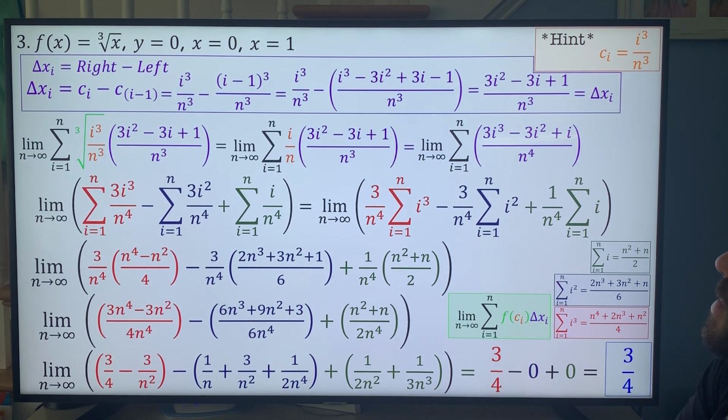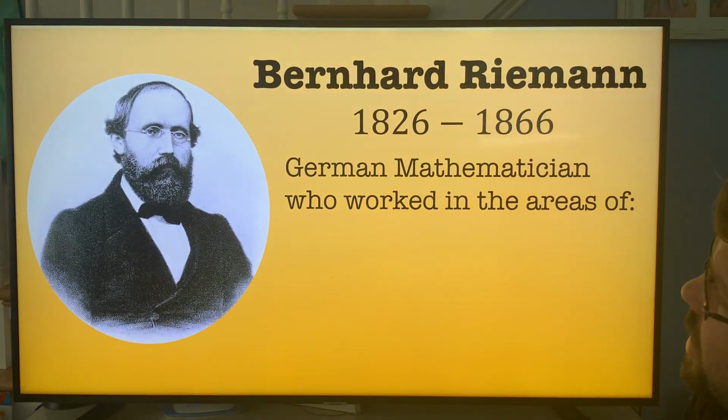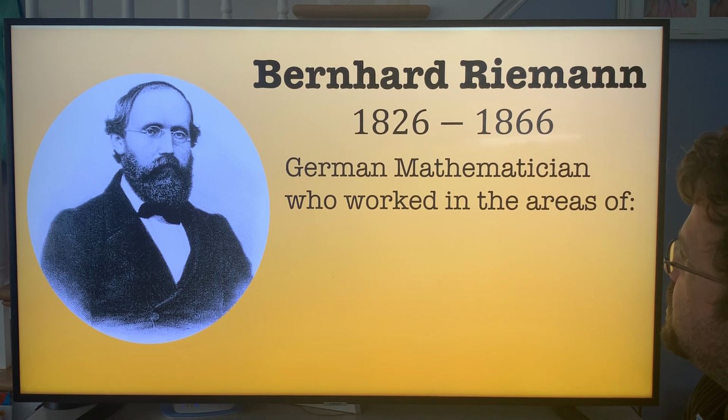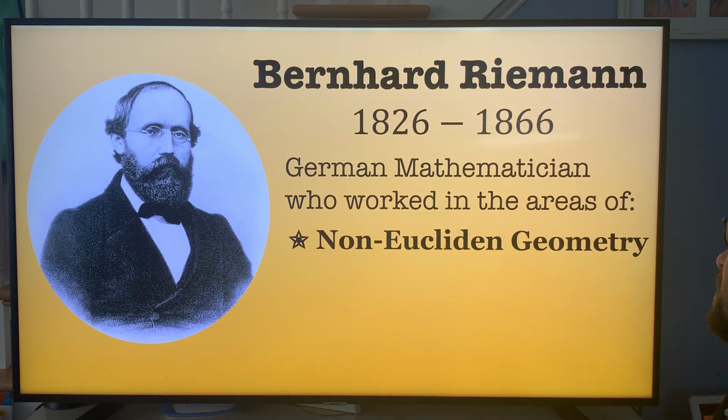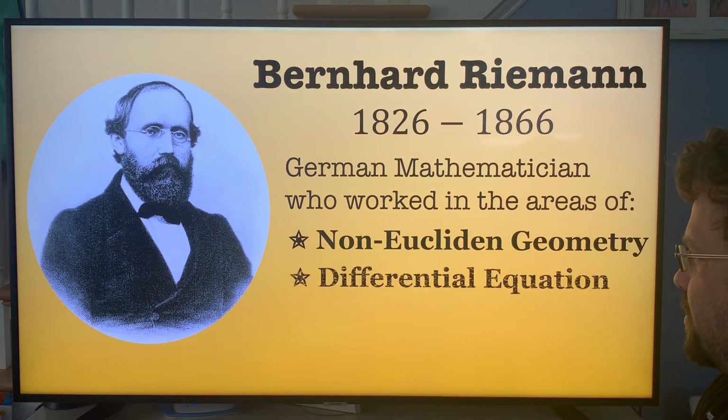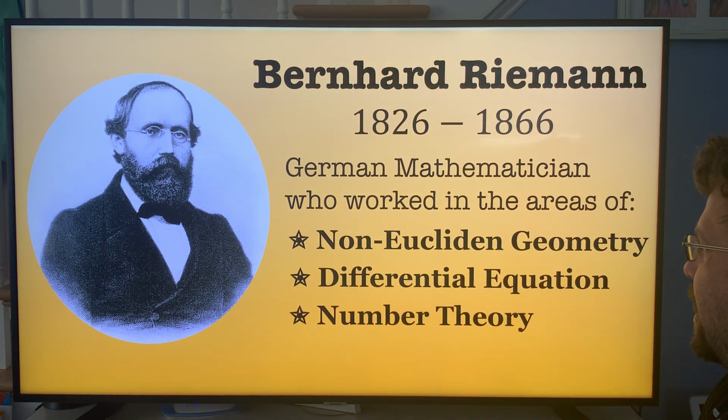So that is the Riemann sum. Now, who exactly is this man? Well, he was alive for 40 years in the 1800s. He's a German mathematician. He worked in the areas of non-Euclidean geometry, differential equations and number theory. Sorry, my pronunciation is not very good this morning. So he created this whole summation thing.